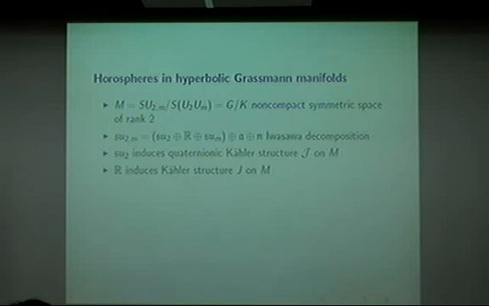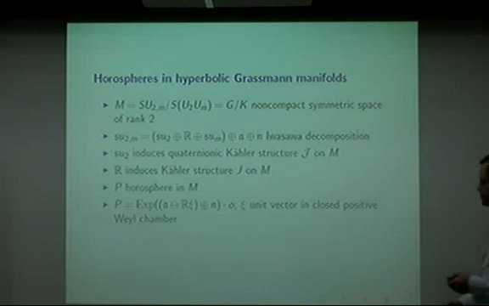This particular Grassmann manifold is quite unique in this respect, because the only Riemannian manifolds which have a Kähler structure and a quaternionic Kähler structure that are really different, so the Kähler structure is not part of the quaternionic Kähler structure, are just this Grassmannian and the corresponding compact one. There are no other ones. So it's a manifold which has a rich geometric structure, a complex structure and a quaternionic structure.